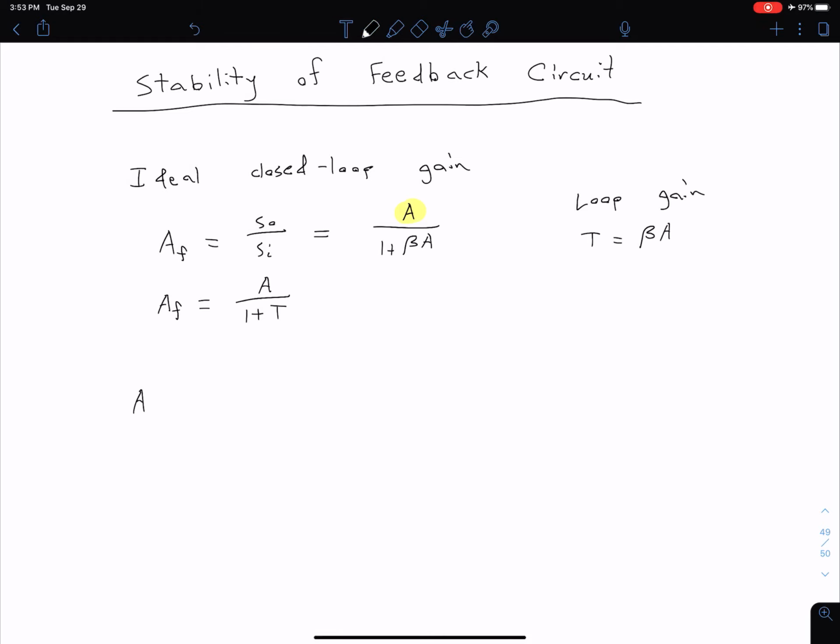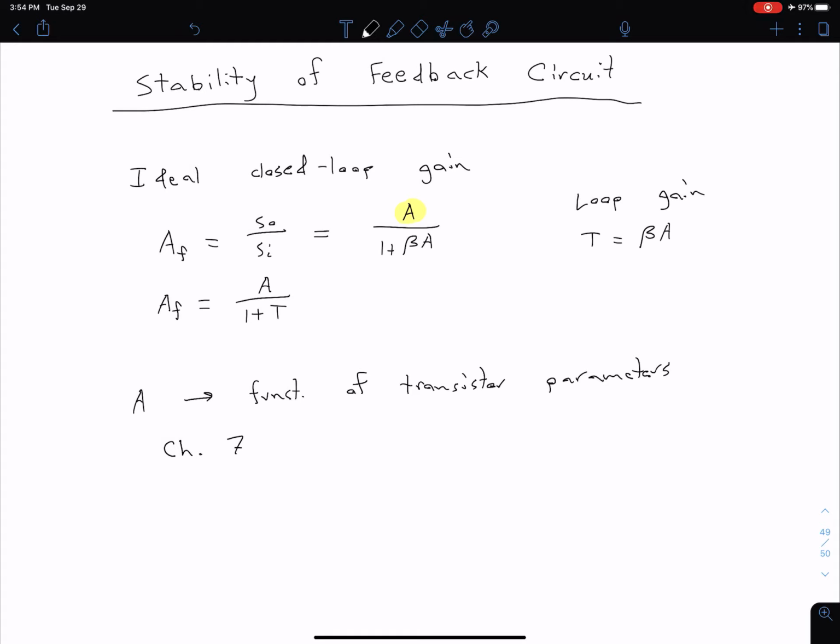So now if we think about this open loop gain, this quantity A, we know that A is actually going to be some function of individual transistor parameters. Unfortunately, we didn't have enough time to look at this in this class, but if you look in chapter 7 of Neamen, you'll see that our transistors, like many other components, are going to have a frequency response.